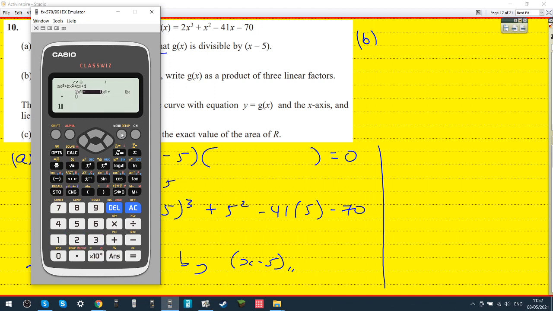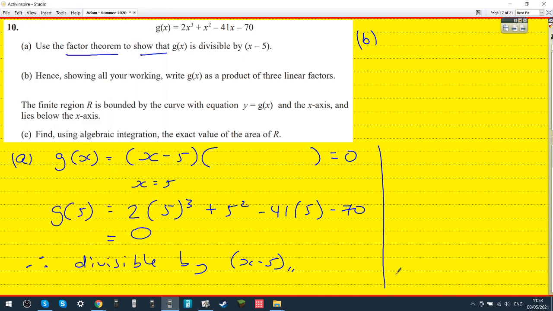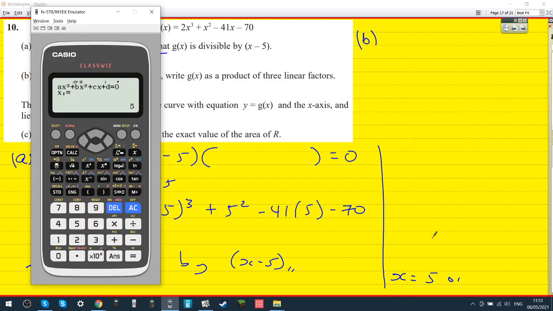Okay, so you get 2x cubed plus x squared minus 41x minus 70. And you get x can be 5, minus 2, or minus 7 over 2.